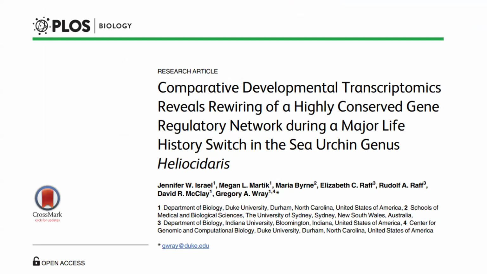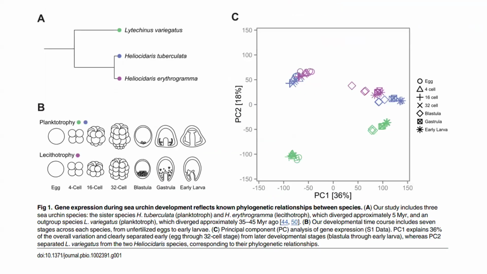This is a related paper. Comparative developmental transcriptomics reveals rewiring of a highly conserved gene regulatory network during a major life history switch in the sea urchin genus Heliocidaris. And in this particular case, their study involved 3 sea urchin species that make their living in different ways.